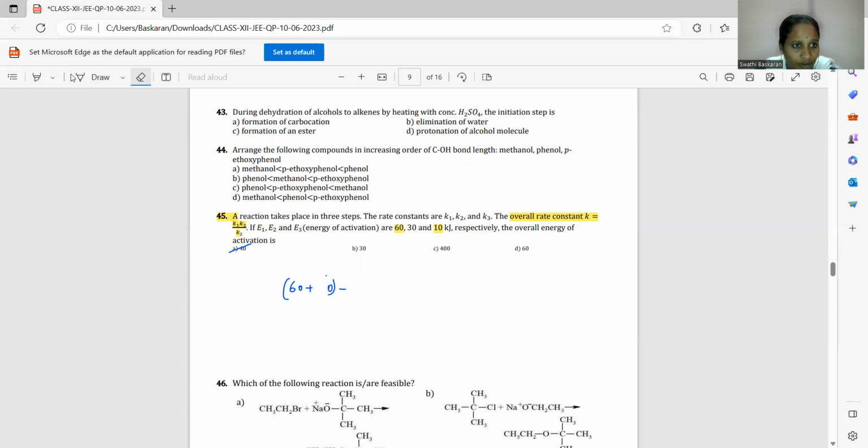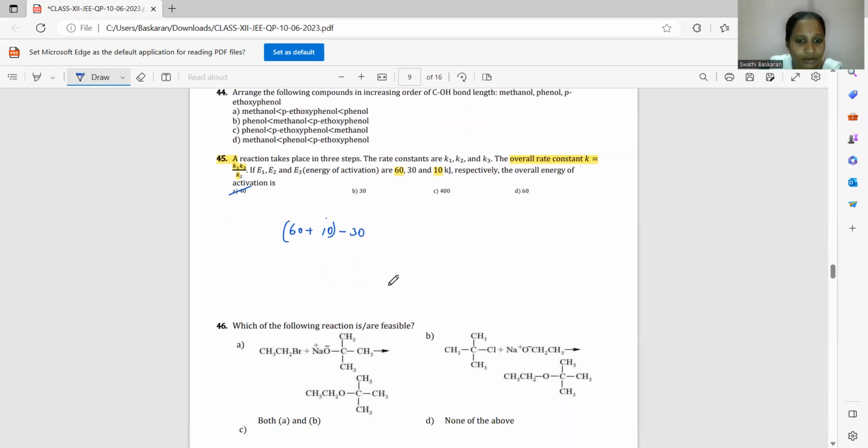Because we are adding the first reaction as well as third reaction, which is nothing but 10, and here we will be subtracting the second energy, and hence it will be 40. Okay.